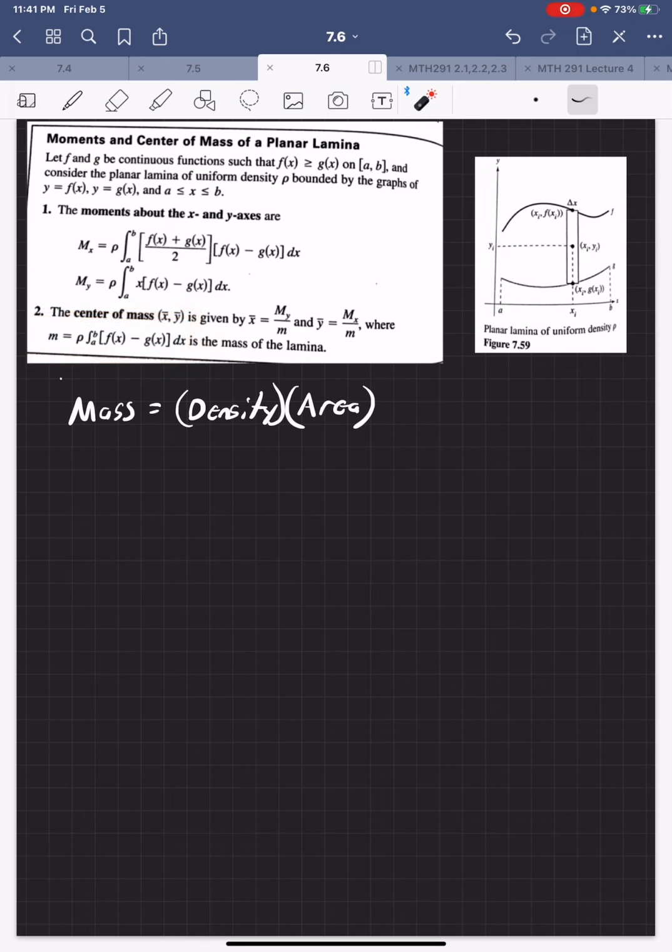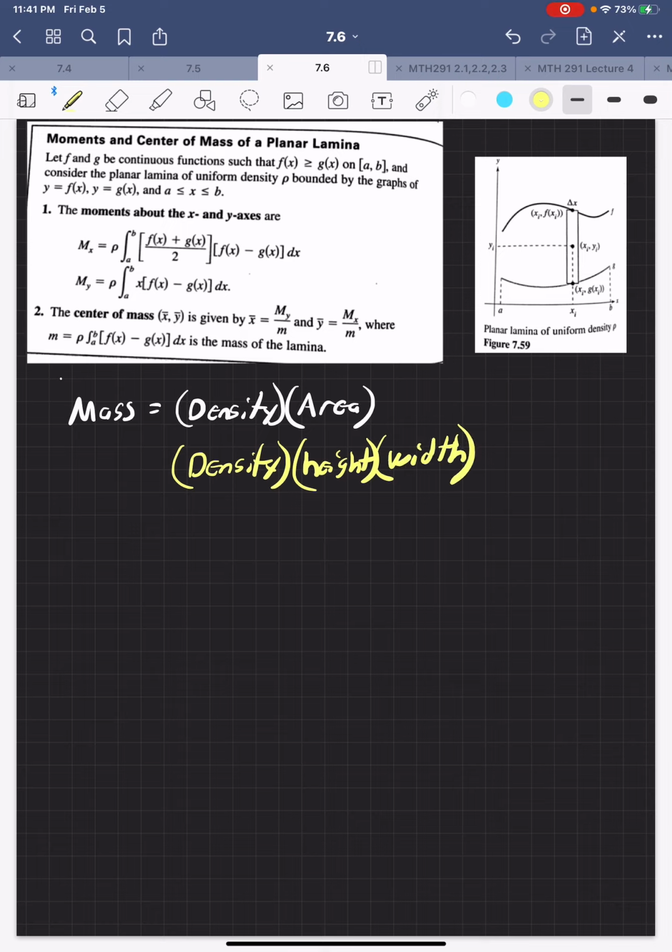This is not that bad. If mass is equal to density times area, well, let's think about that for just a quick second. That's density. And how can we write area? Well, area is just what? It's just length times width, or in our case, we'll call it height times width.